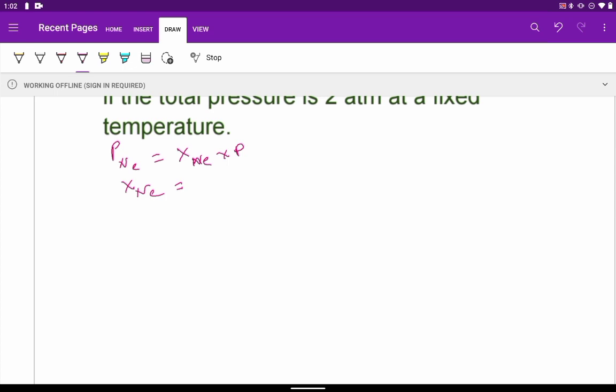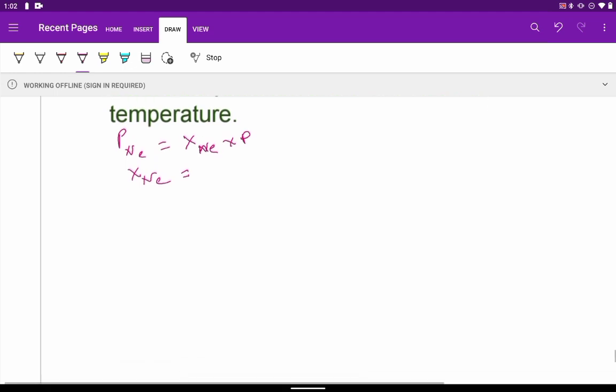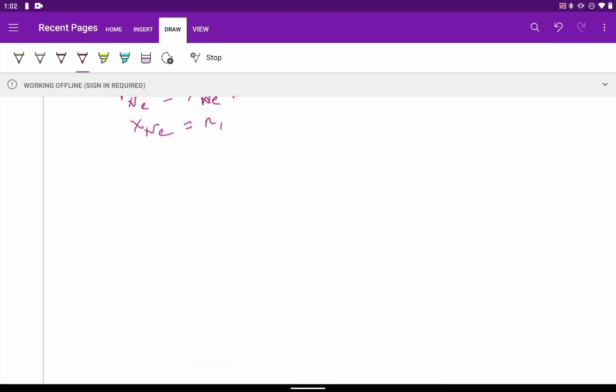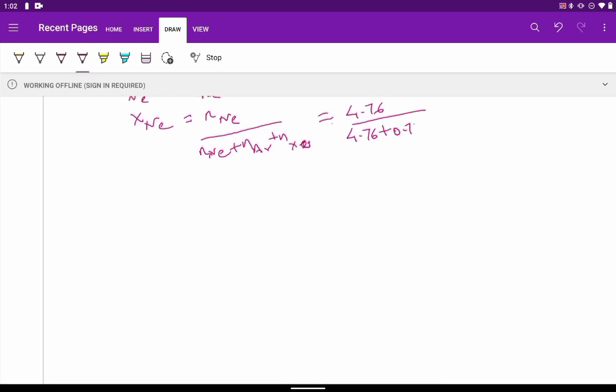That will be equal to the number of moles of neon divided by the sum of number of moles of neon plus number of moles of argon plus number of moles of xenon, that is equal to 4.76 divided by 4.76 plus 0.74 plus 2.5.